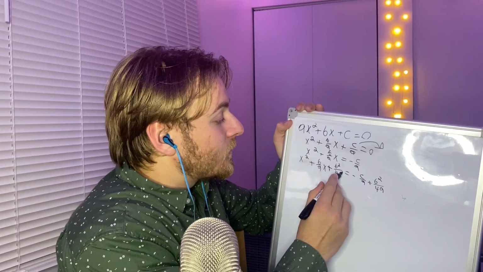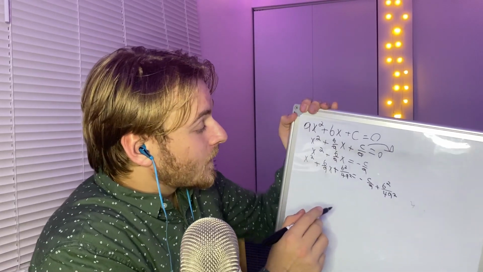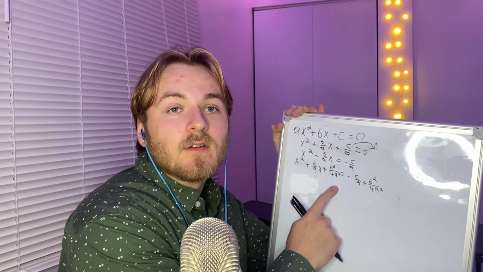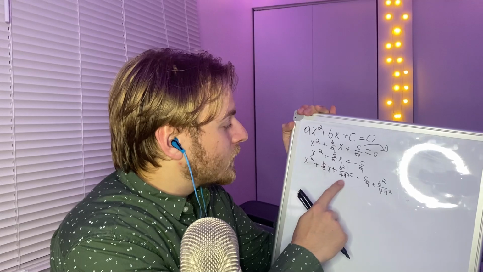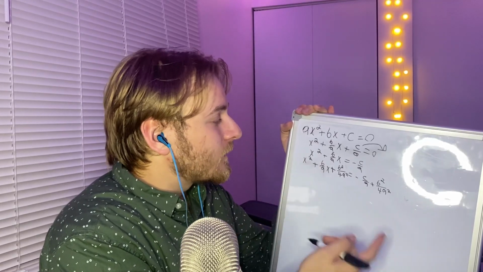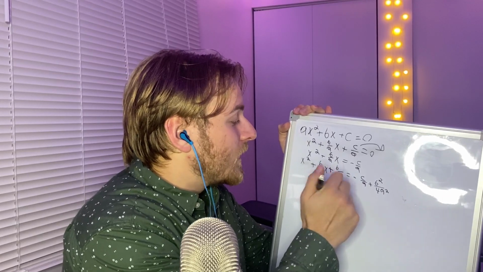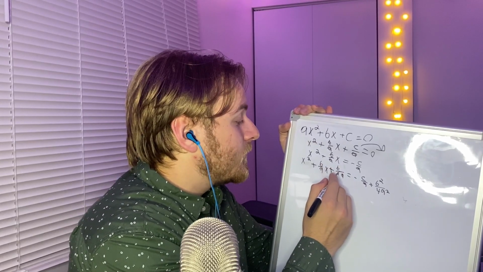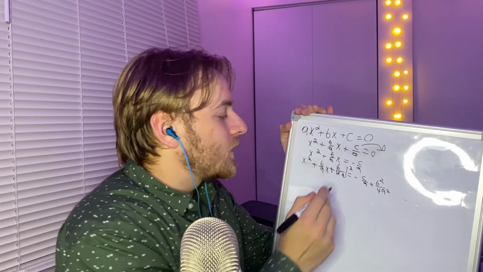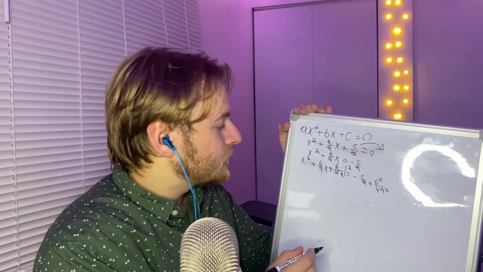Sorry, this is actually 4a squared. This should be a squared. And what's very interesting to note here is actually b squared over 4a squared. This is actually the same as b over 2a, all squared. So this and this are actually equivalent still.